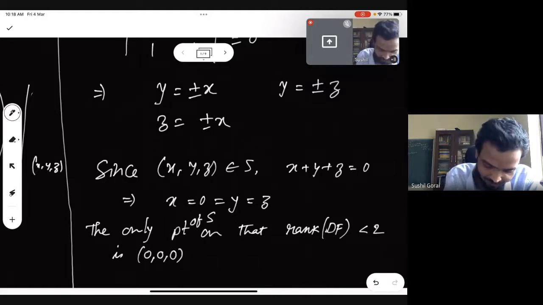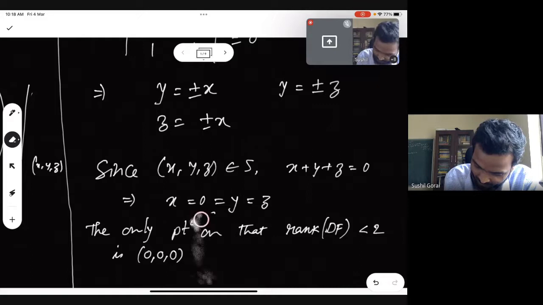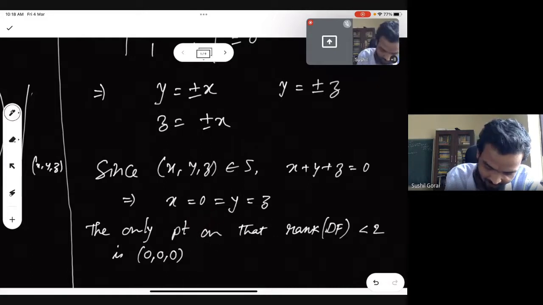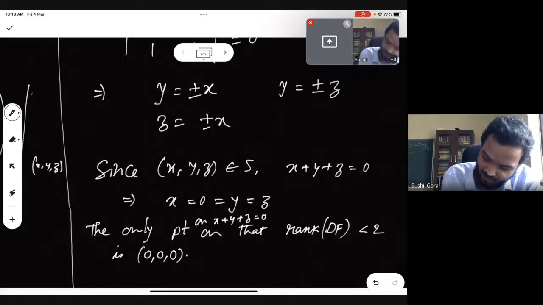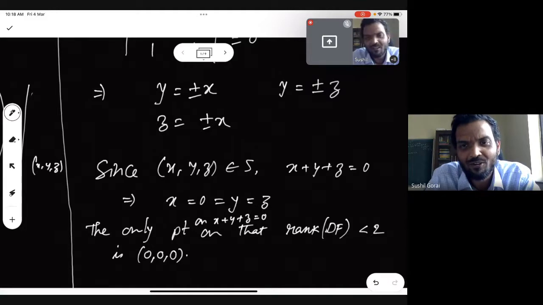Well, it is the only point on x plus y plus z equal to 0. But now, does (0, 0, 0) lie in S or not?